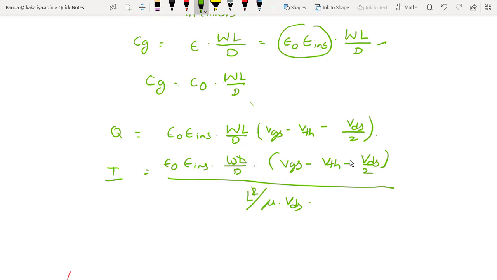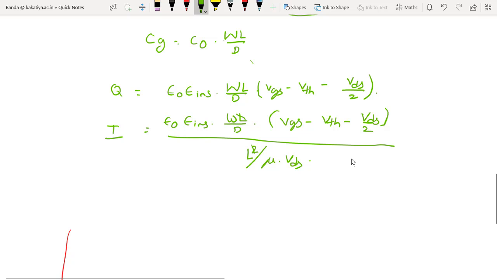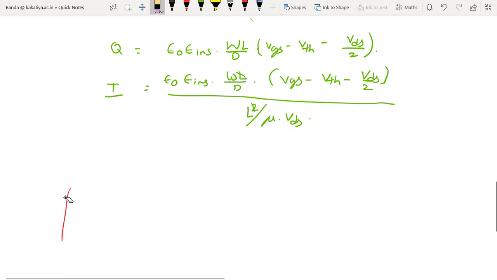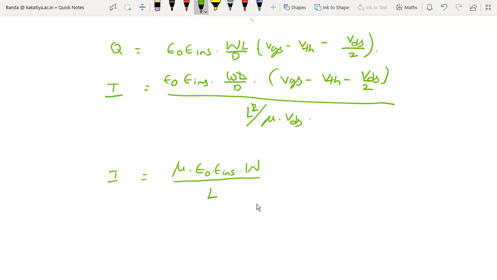If you do some simple mathematics, then your ID will become mu into epsilon naught epsilon insulator into W by L into VGS minus VTH into VDS minus VDS square by 2.